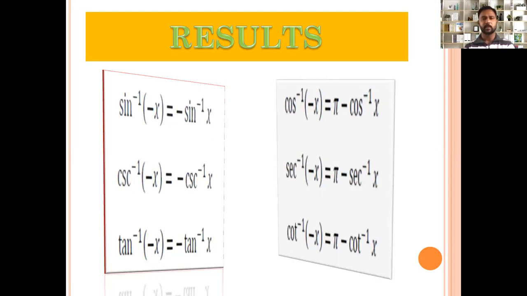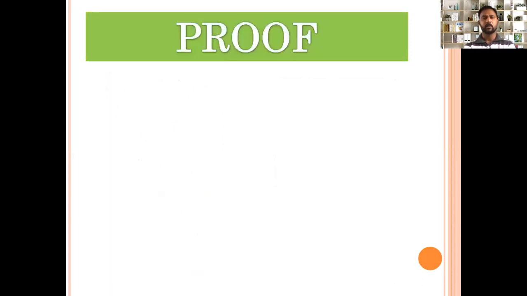So you see the difference between the two groups: sine inverse, cosec inverse, tan inverse of a negative real value, simply take out the negative sign. But in the case of cos inverse, sec inverse, and cot inverse of negative real values, they result in pi minus the corresponding inverse trigonometric values. Now let us see how this happens.